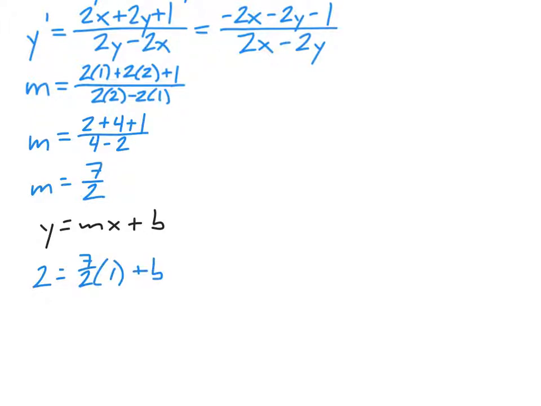Solve that out. You end up finding that b is negative 3/2, or negative 1.5, however you want to write it. You get a final answer here of y equals 7/2 x minus 3/2, or 1.5, however you choose to write it.